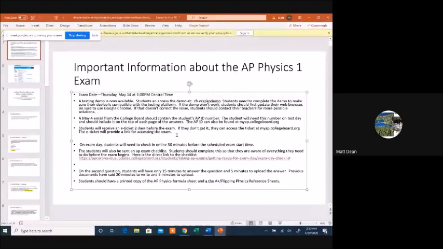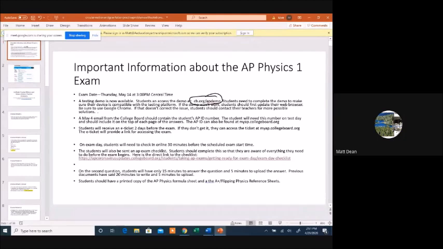Make sure that in the next day or two, you go to cb.org/apdemo, and you make sure that the demo interface works with the device you're going to use on the test. Also, make sure you go and look at the checklist and you're familiar with everything that you need for the exam.